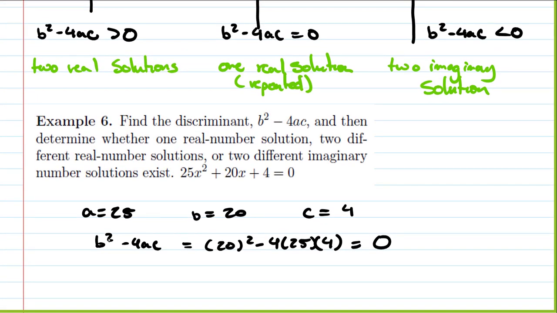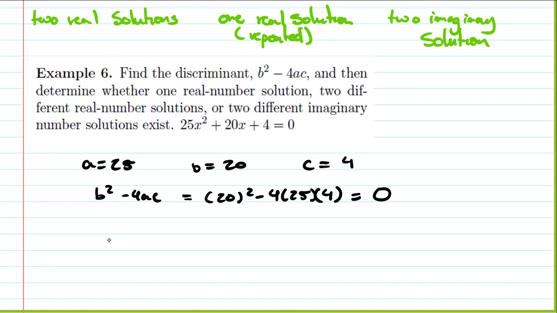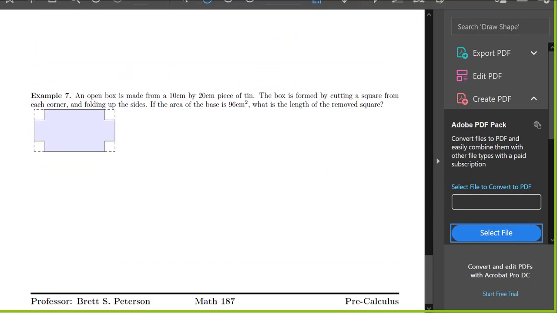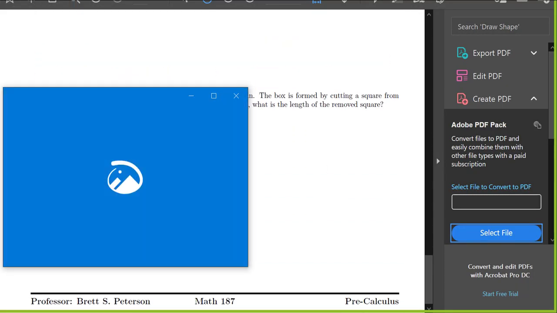If b squared minus 4ac is 0, we have 1 repeated real solution. And that's going to be it. All right. Let's go to example 7.